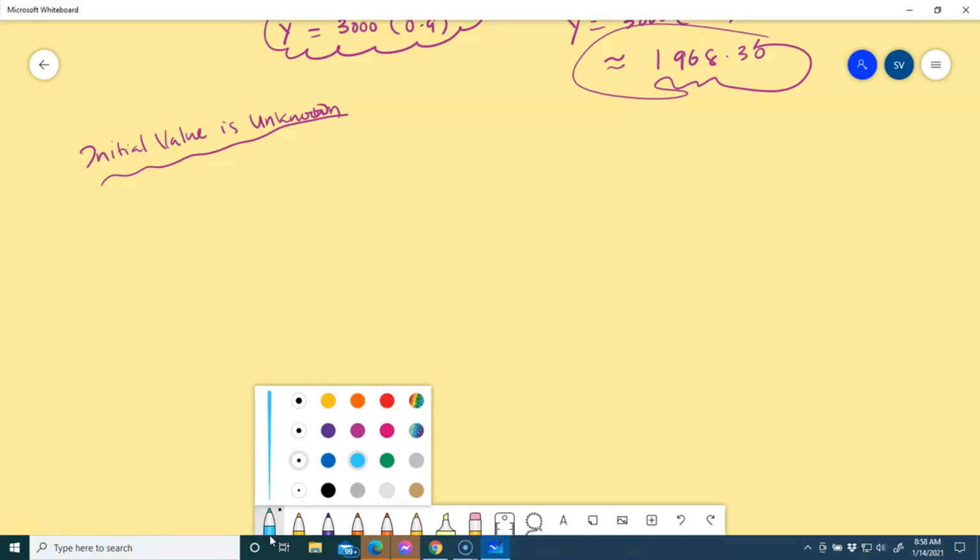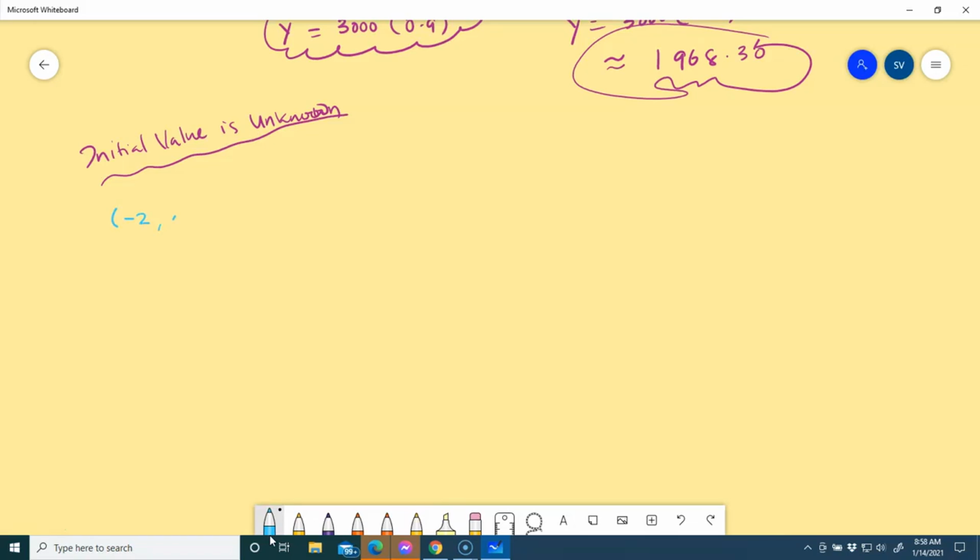Write an exponential function that passes through the points -2, 6 and 2, 1. So -2, 6 and 2, 1. How can we do this? This is very simple. We don't know the initial value, and we know only 2 points through which the exponential function is passing. Very interesting.